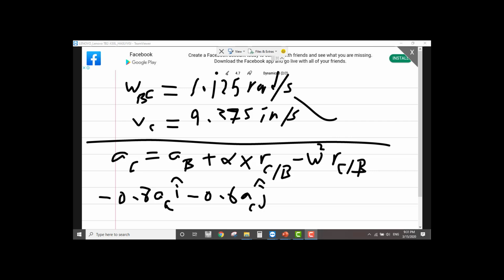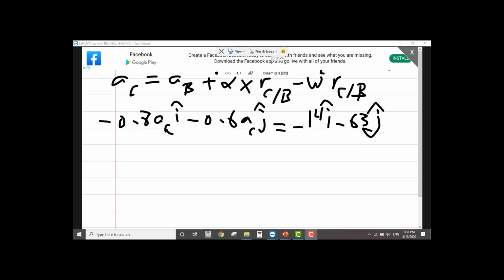This is AC. Equal to AB, which we found from the previous link, which is equal to, as I remember, minus 14 in the i direction, minus 63 in the j direction, plus alpha, which we assume in the positive k direction, cross product, the relative position vector as before, as in the velocity equation, minus 12 j component.